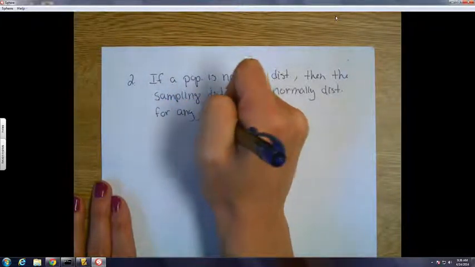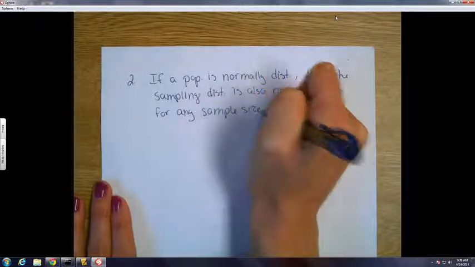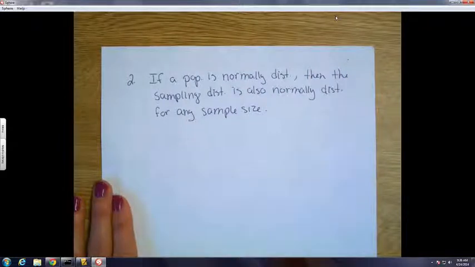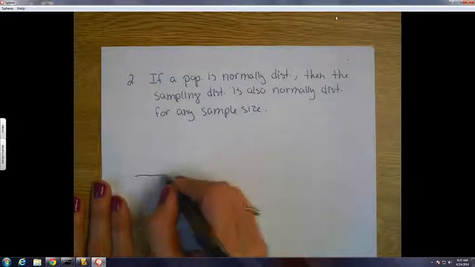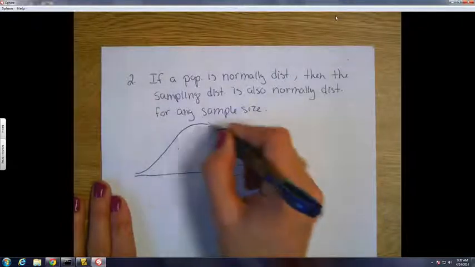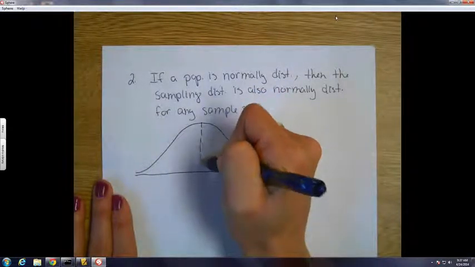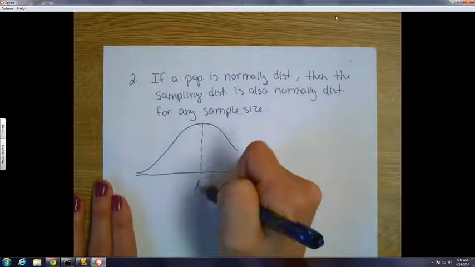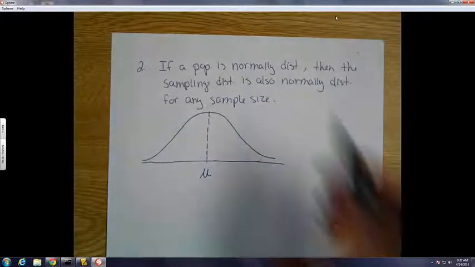So I don't have to hit that magic number of 30. So there's my normally distributed population.